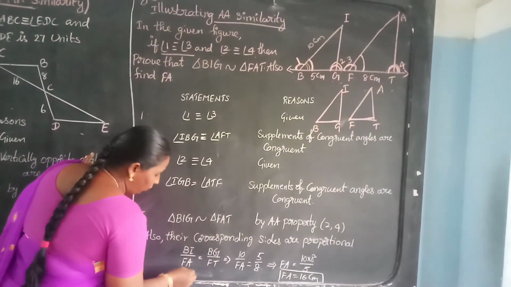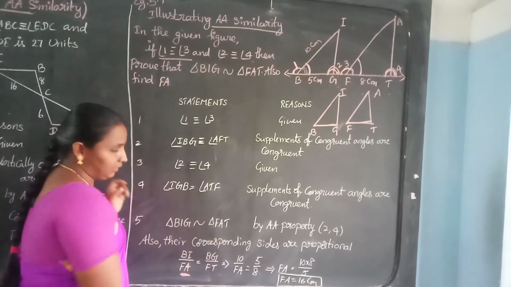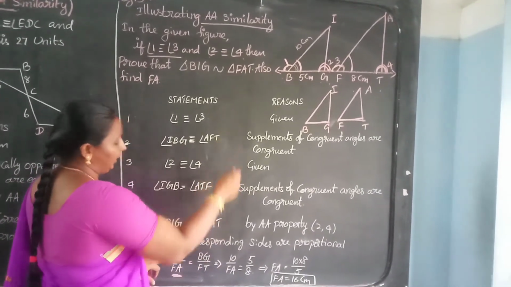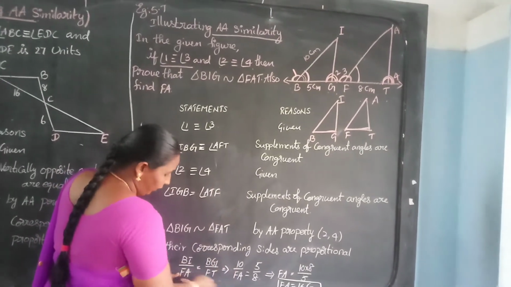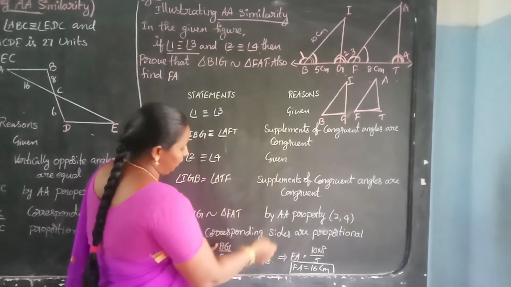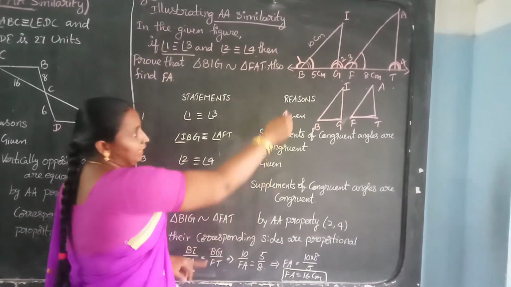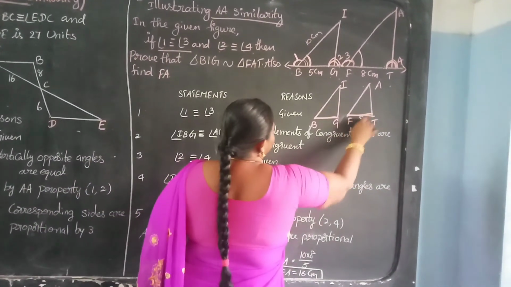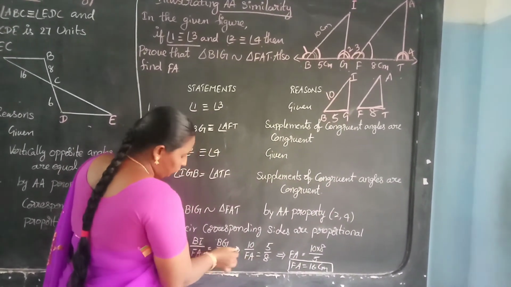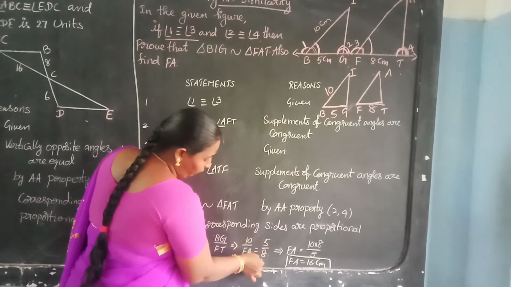This value only we are going to find, so for that the third side we didn't take here. So BI, what is the length of BI? 10. So 10 divided by FA we are going to find. So write BI by FA equal to BG is 5 cm divided by FT is 8 cm. Using this, substitute: 10 by FA equal to 5 by 8.